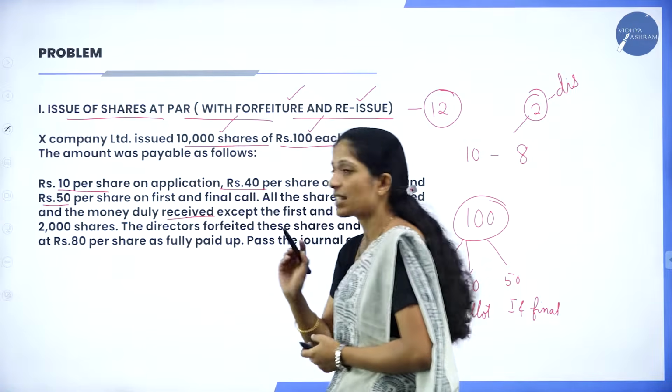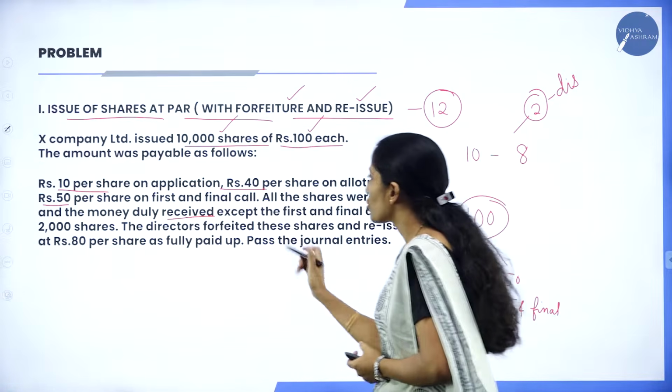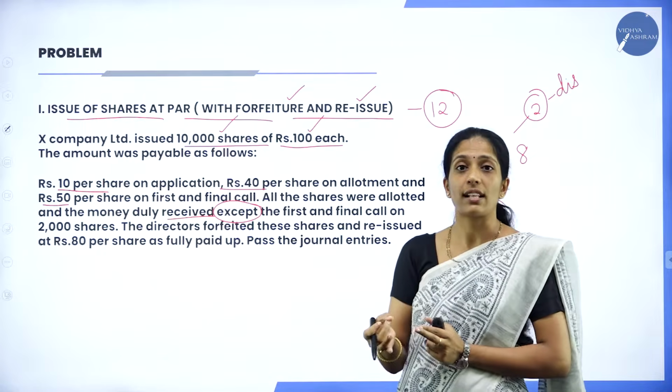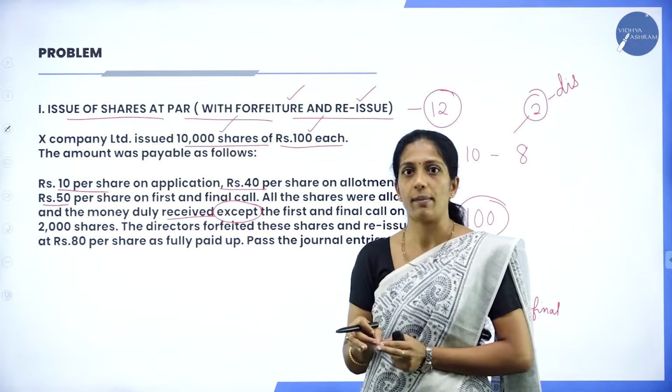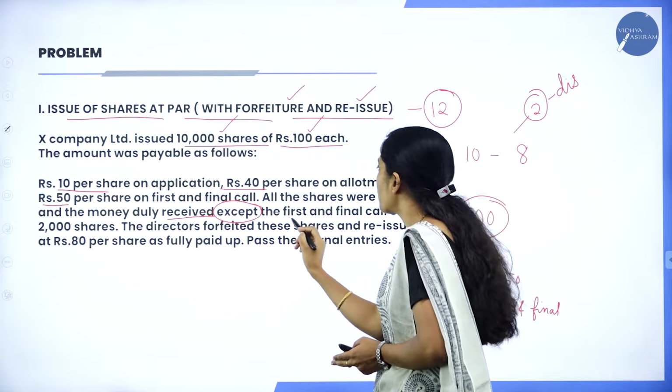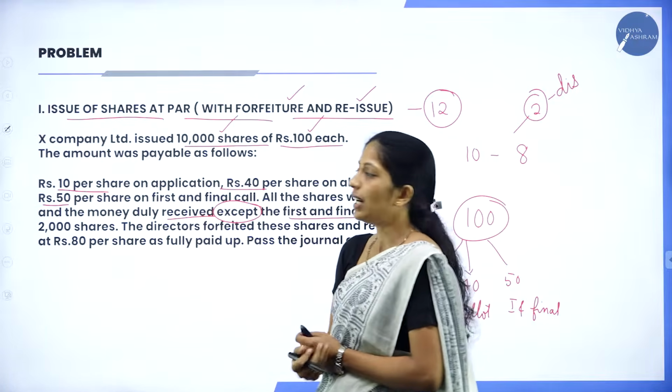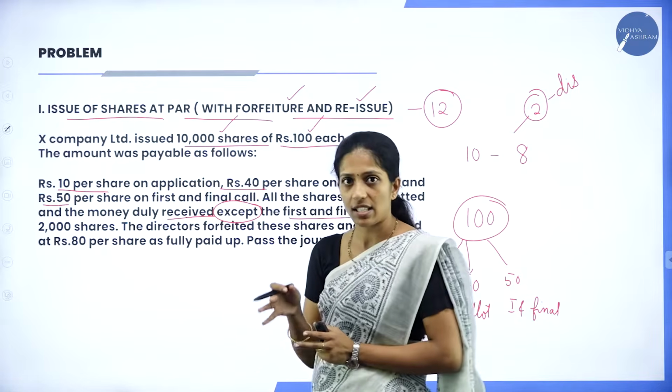So here they have received everything except, so go through this word except. They have not received the amount on first and final call on 2,000 shares. Here the number of shares is 10,000.